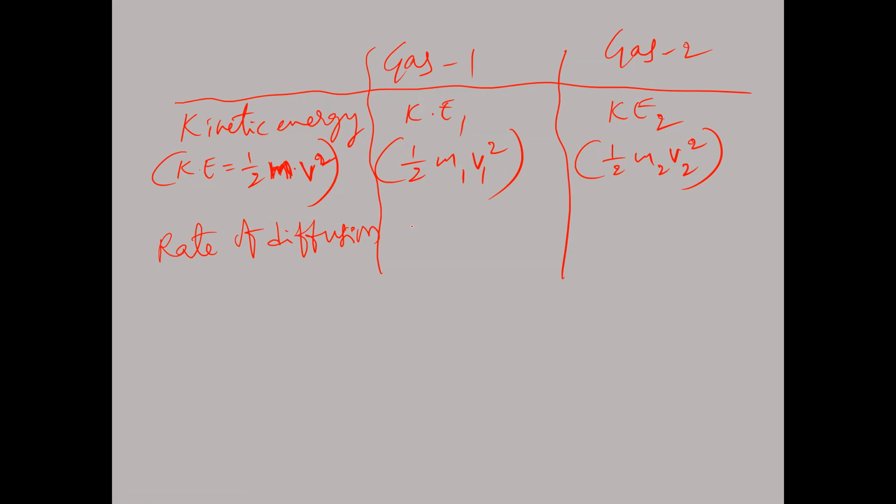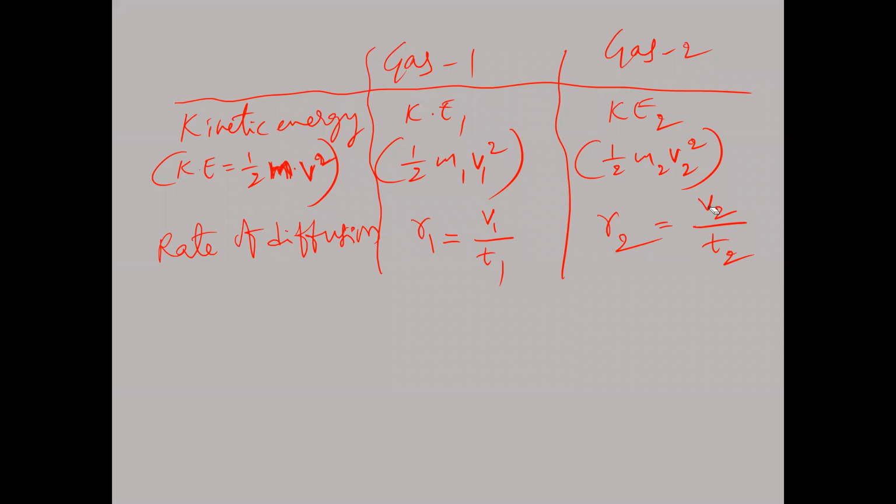This rate of diffusion is given by R1 for the first gas and R2 for the second gas. R1 for the first gas is equal to V1 by T1, meaning the volume of the first gas diffused divided by the time taken by the first gas to diffuse. Similarly, R2 is equal to V2 by T2, the volume of the second gas diffused divided by the time taken by the second gas to diffuse.